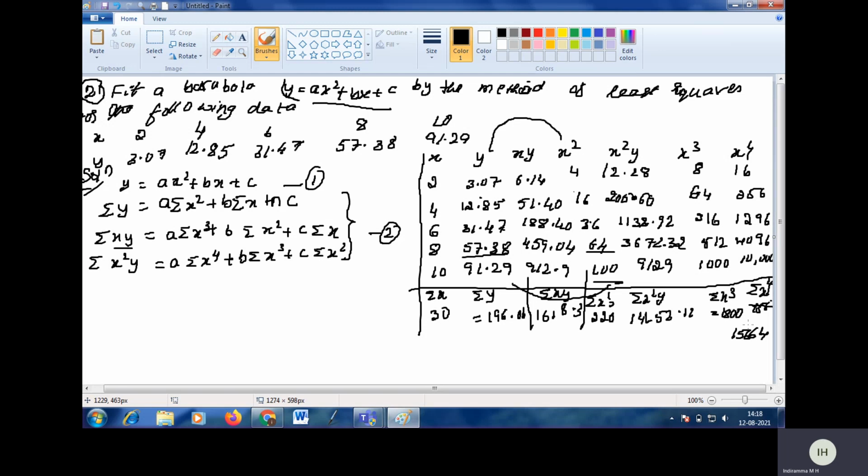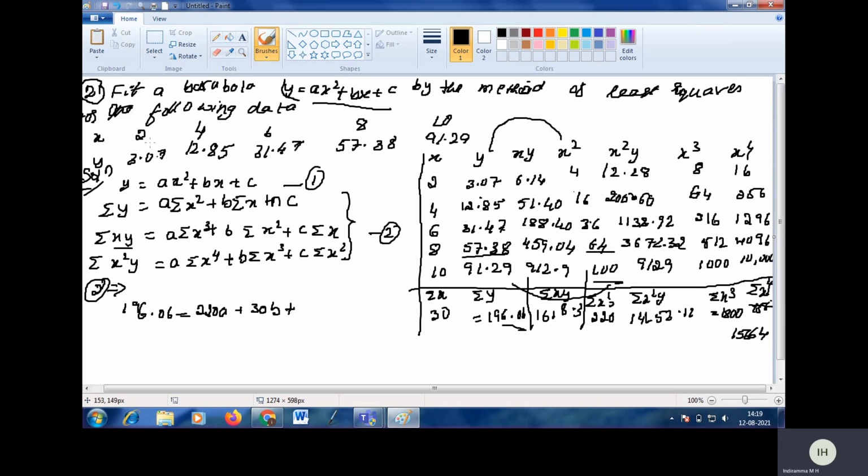Next we have to substitute all the summation values in the system of equations 2. Therefore equation 2 becomes: summation of y, which is 196.06, is equal to a into summation of x square, that is 220 into a, plus summation of x into b, summation of x is 30, so 30 into b, plus nc.